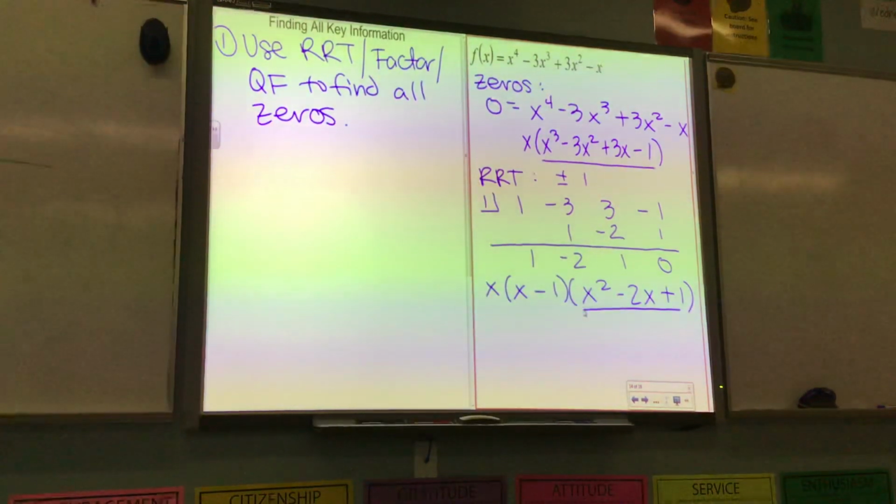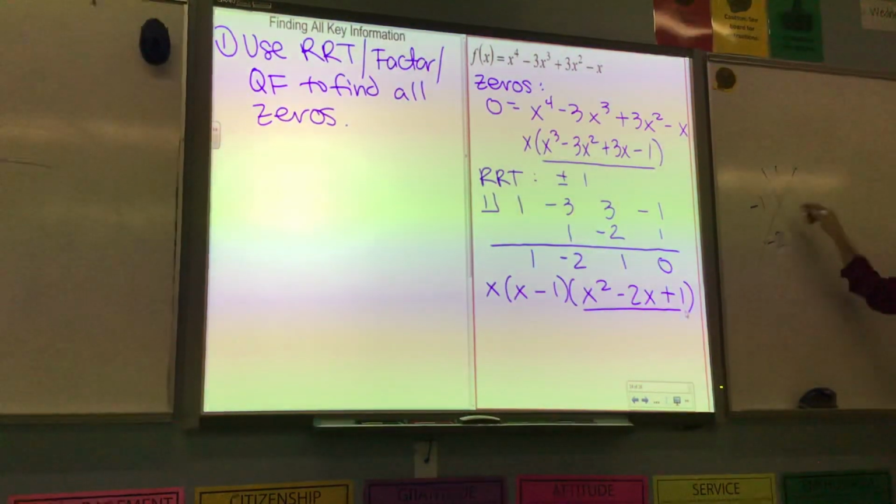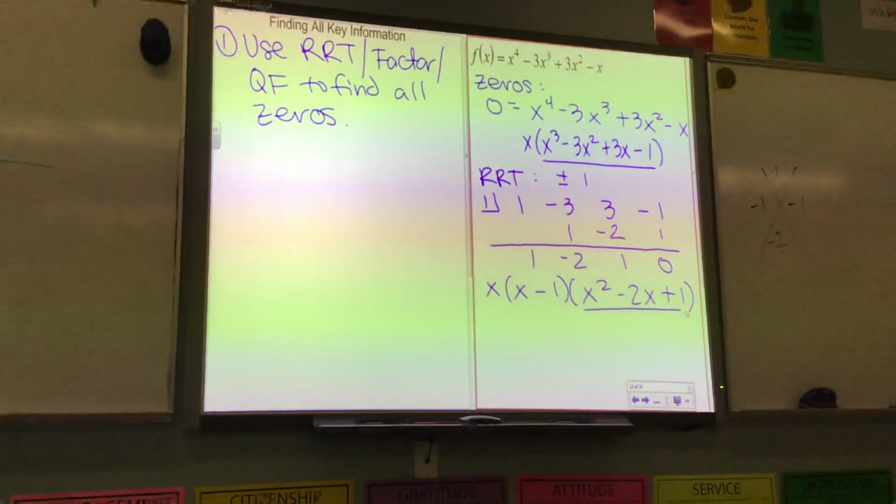Factor, quadratic formula, rational root. What do we want to do? Okay, up here I'll factor since most of you are saying factor, but you can use the quadratic formula, do whatever you want. What multiplies to 1 and adds to negative 2? Good. So when I factor this, what will this factor as?